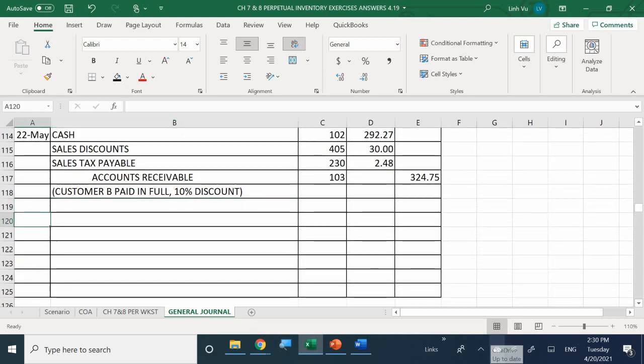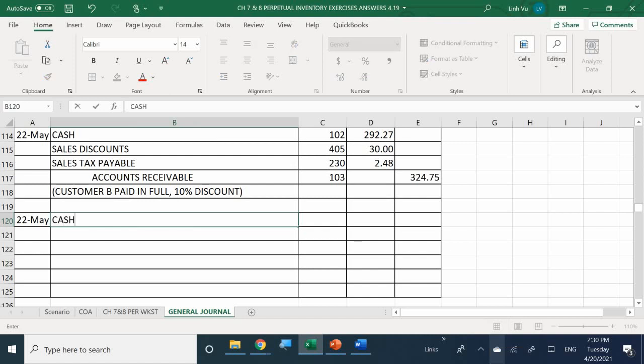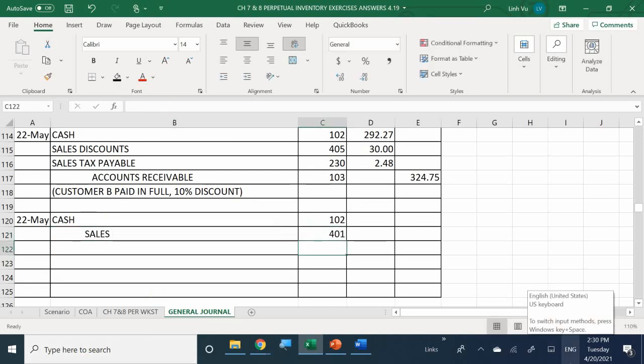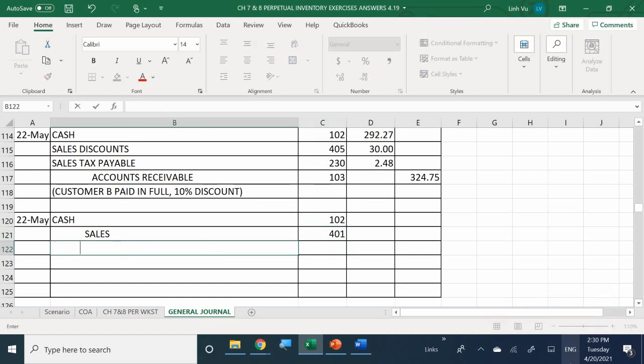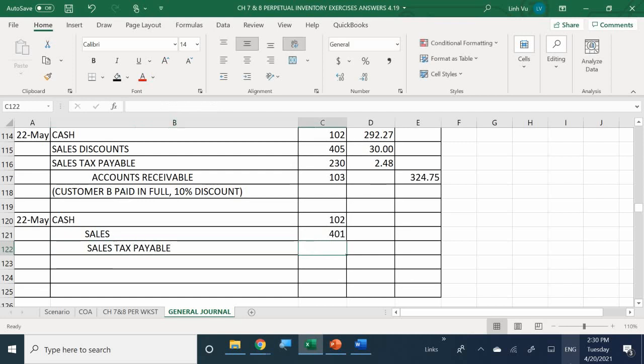So the first transaction here is going to be recognizing the sales. So what happened here? We received cash. Good. And then it would be the sales and sales tax. Sales, which is 401, and then sales tax payable, which is 230. So in this case, how many mugs did I sell?